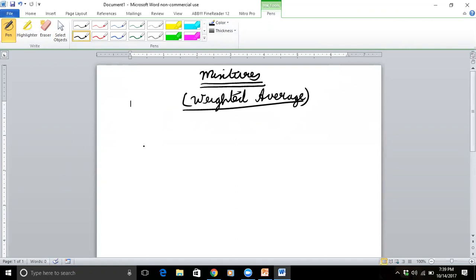Now, what the GMAT explains in terms of weighted average is this. Say I have a class and the average score of that class is 80, and there are a total of 20 students in that class. Say we have another class, the average score is 70, and here we have 30 students. If I combine these two classes and need to find the combined class average, we can't just add the two averages and divide by 2, because the number of students is different.